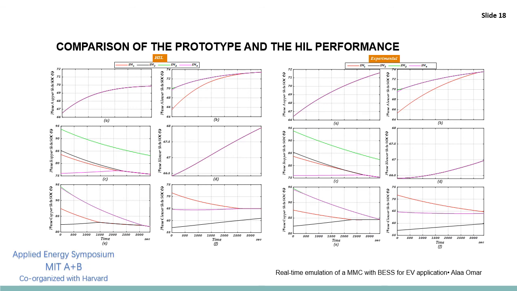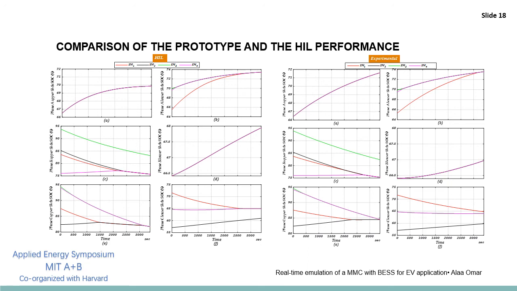The state of charge of the individual batteries in the 6 arms of the converter are compared when using the hardware in the loop on the left of the slide and when using the experimental prototype on the right of the slide. We can see that the state of charge and the performance of the converter is nearly similar in the 2 cases.